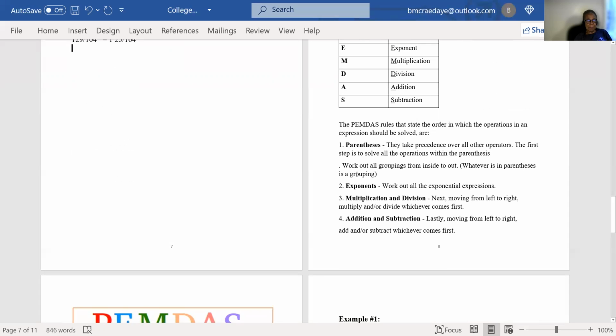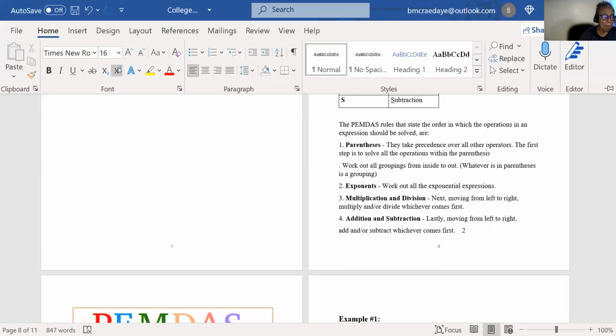Now, exponents, that's just the powers, right? Raising a number to a power. Let's just say here, if you had 2, and let's put a power here, 3.